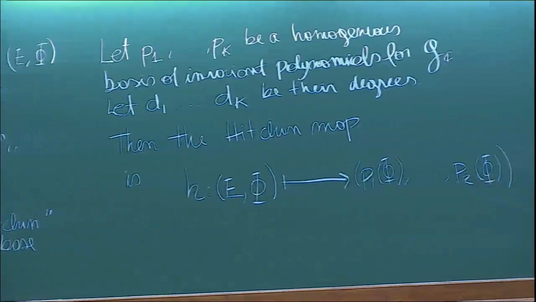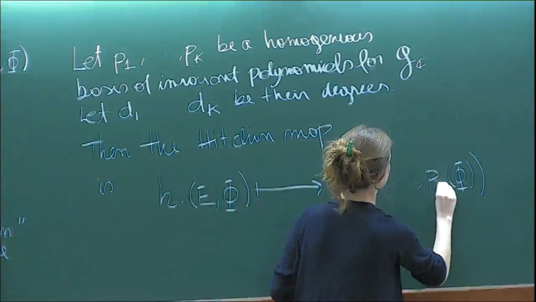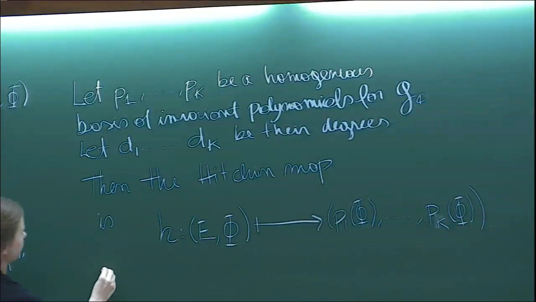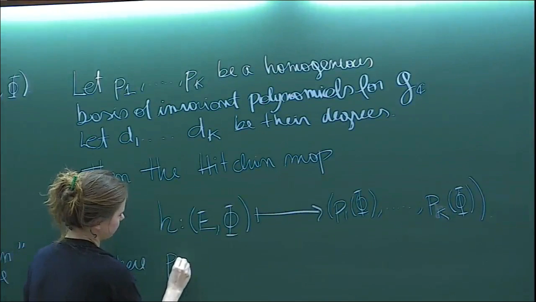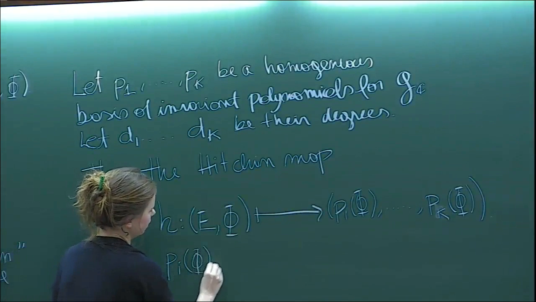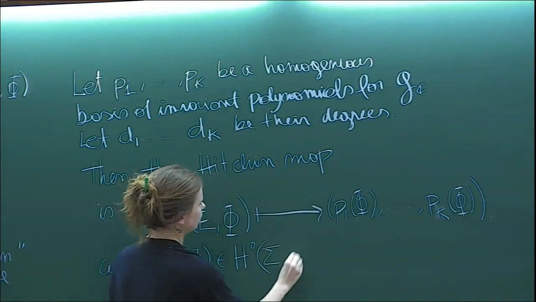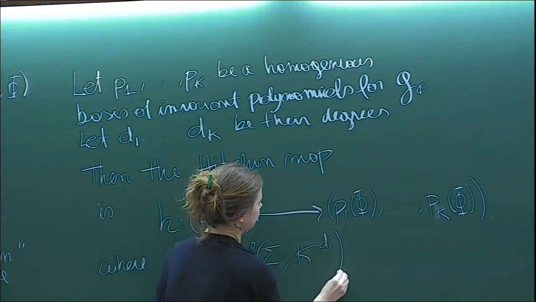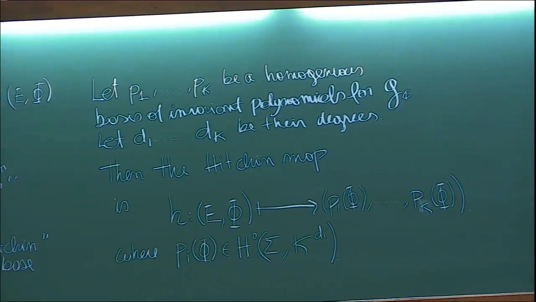What is this telling us? So who are these Pi of phi? Pk of phi. Pi of phi is inside the zeroth cohomology, so it's a section of K to the di. It's a differential of degree di. Now this might seem a little bit abstract. It comes back to the definition we were looking at, and that's why I put it. Because we're looking at a principal bundle and the adjoint bundle associated to that principal bundle.